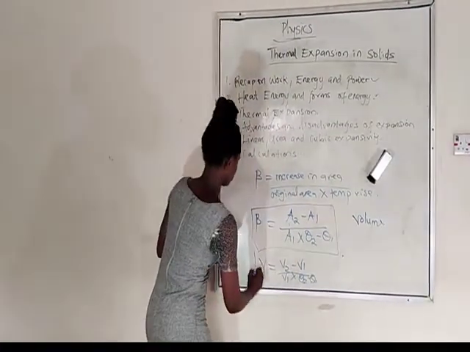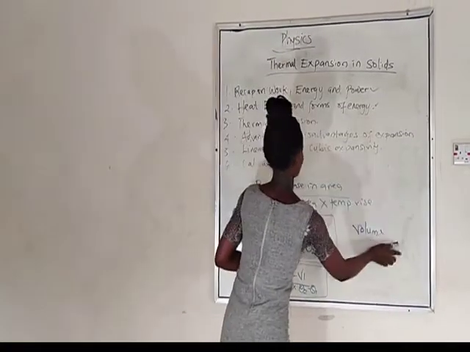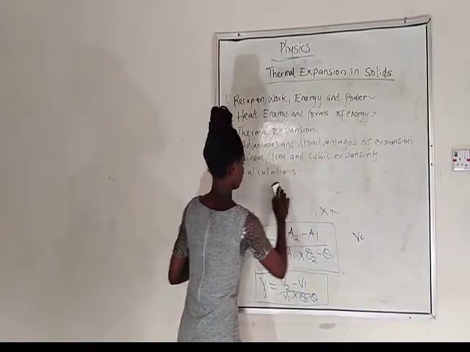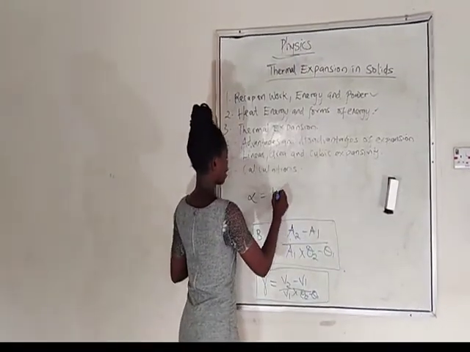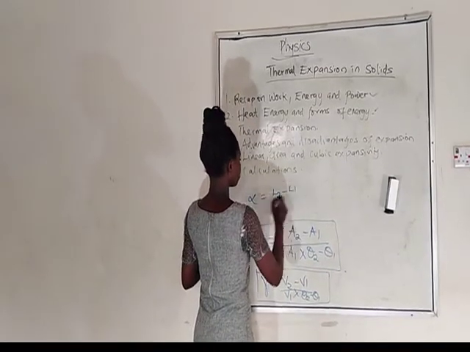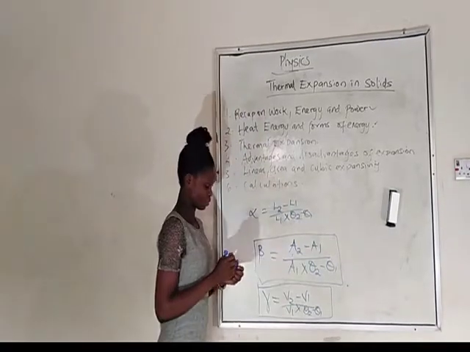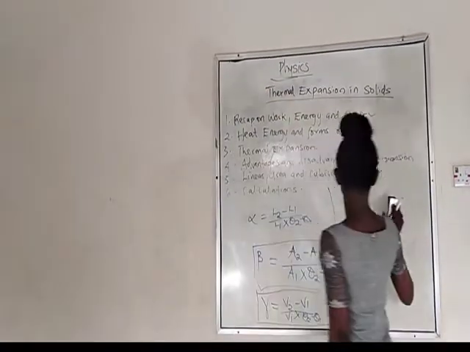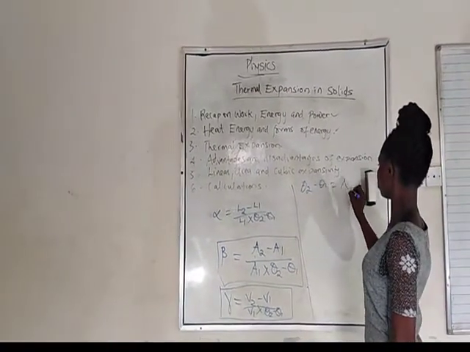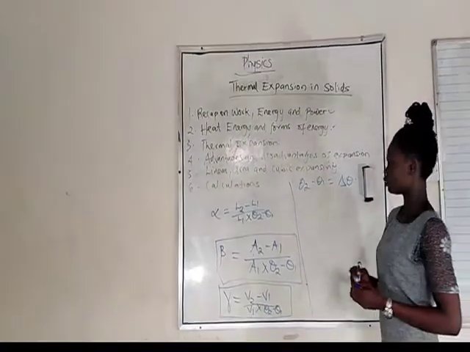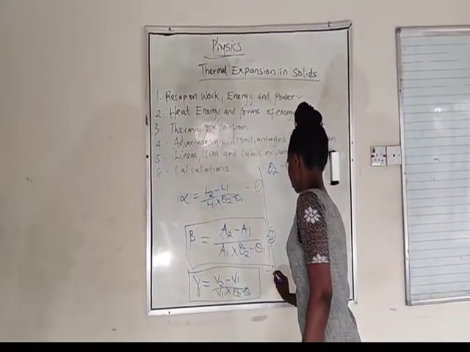From these three equations, we can actually have some modifications. Let's start. Remember that your alpha is L2 minus L1 over L1 times theta 2 minus theta 1. Let's say that your theta 2 minus theta 1 is equal to your change in temperature. So let's do a cross multiplication of equation 1. Let's name our equations.